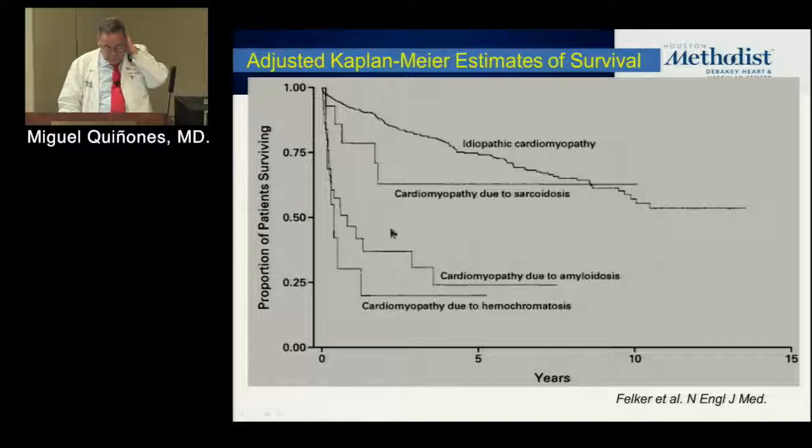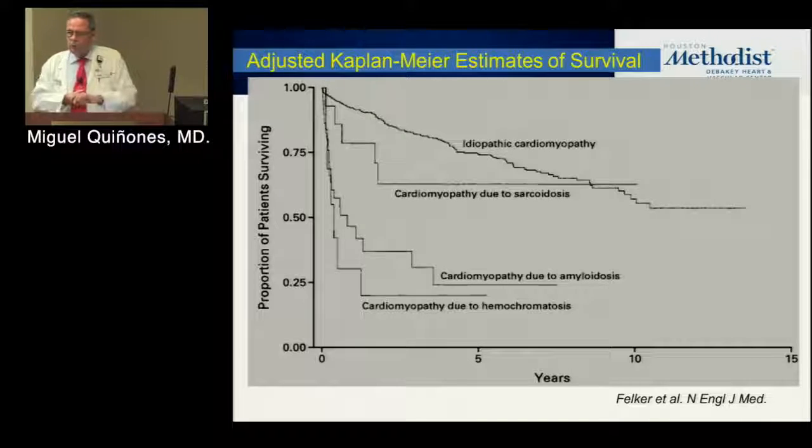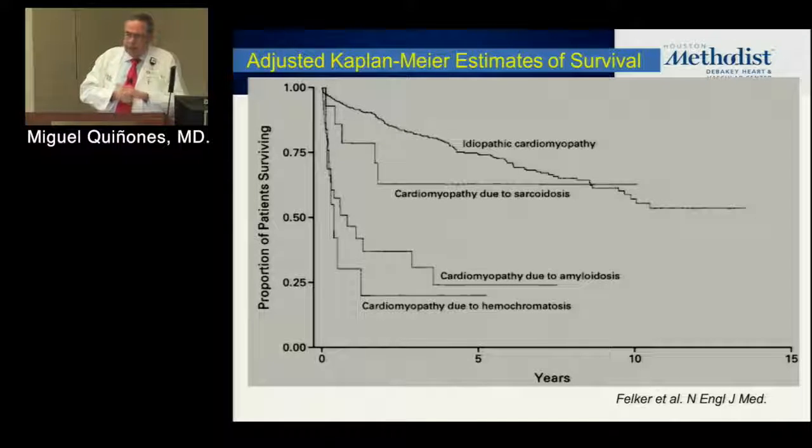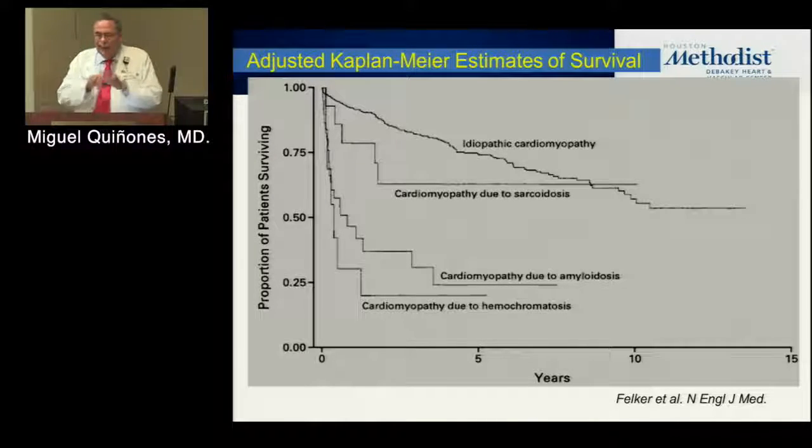With sarcoid, for example, most sarcoid cardiomyopathies are in patients already known to have sarcoid. But if you make a diagnosis of cardiac involvement, that steps up the level of aggressiveness with which they're going to manage the sarcoid. At times, somebody may present with cardiac involvement alone, and the diagnosis starts at the heart.